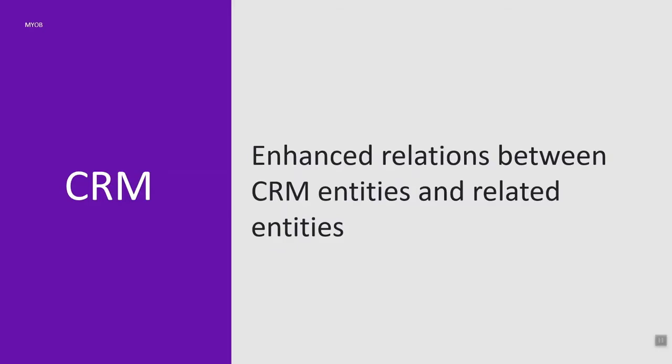There is a new enhancement between CRM entities and their related entities. In the past, the linking between CRM entities and their related entities was only one directional and was not straightforward.